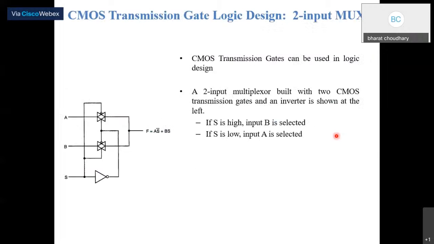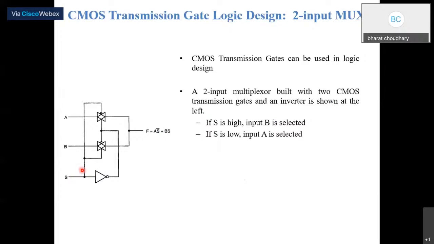Now next, moving towards the CMOS transmission gate, as we already discussed such gates, and we are taking just an example of a two input mux. Here S is the select line.